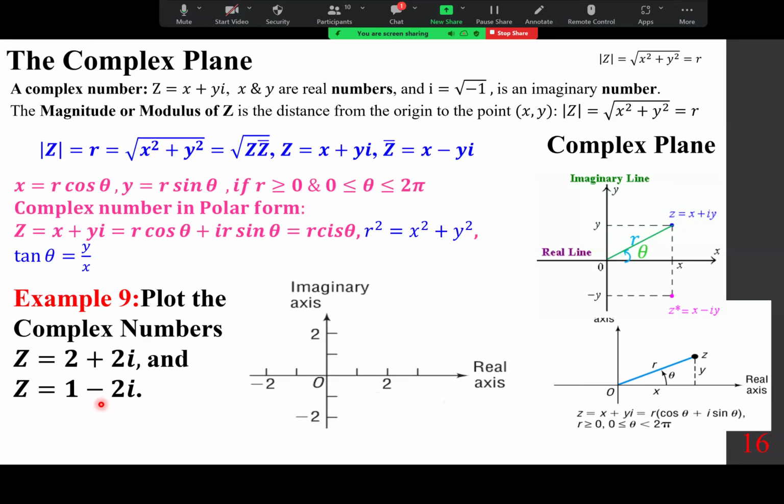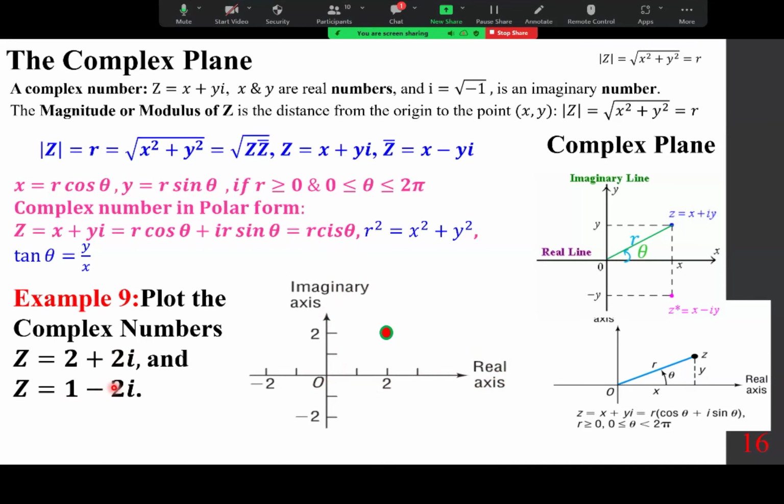It's very simple. This is 2 plus 2i. So go 2 along the x-axis, we're going to call it the real axis, and go 2 along the y-axis, we're going to call it the imaginary axis. This is 2, this is 2, put them together. So that's it. It's just like the basic rectangular coordinate system. 1 minus 2i: go 1 along the x-axis, again the real axis.